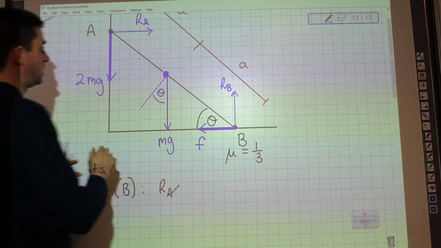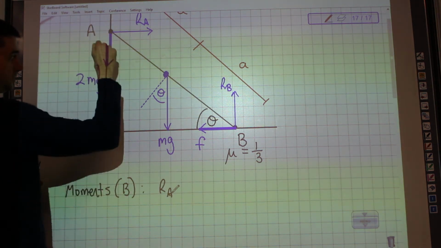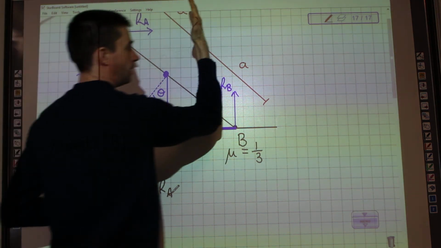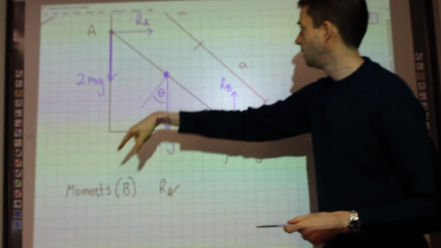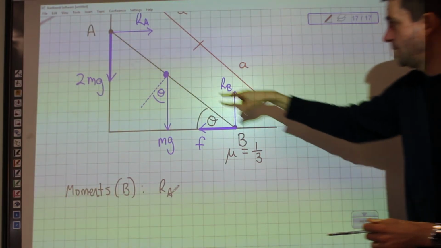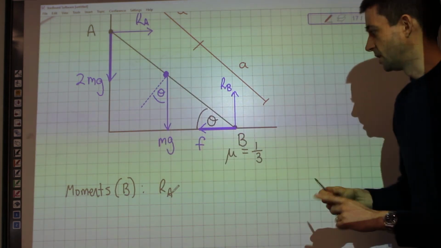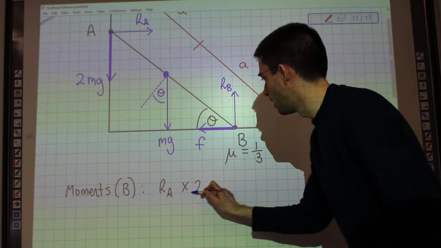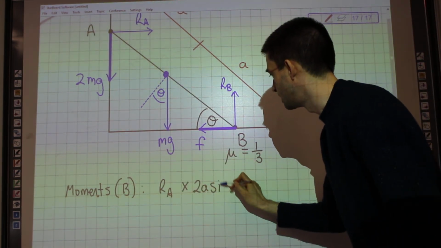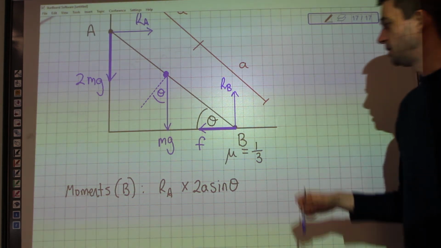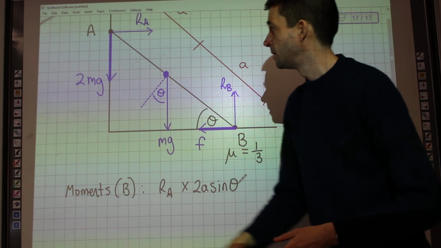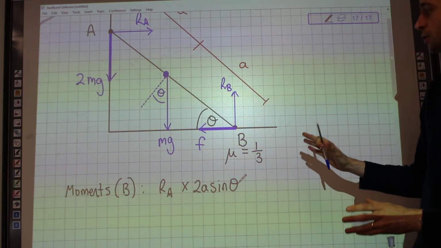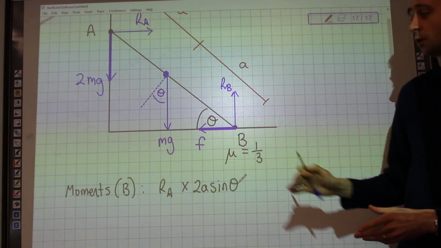So what I actually need is this distance here turning like so. So this distance here is going to be 2a sine theta. 2a is my hypotenuse, because it's the length of my whole ladder, and it's sine theta because it's the opposite side. And that is the only force that's causing this to go in a clockwise direction.